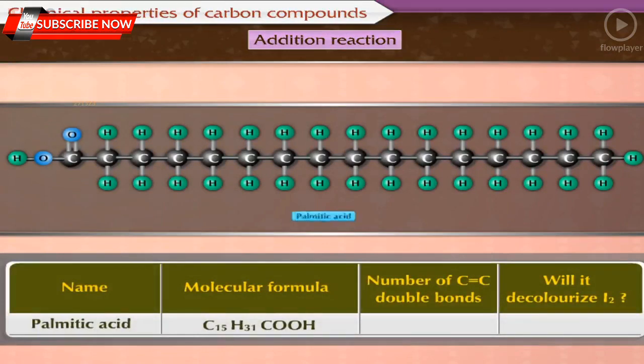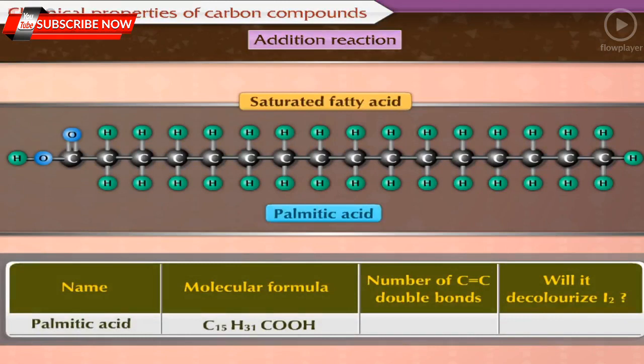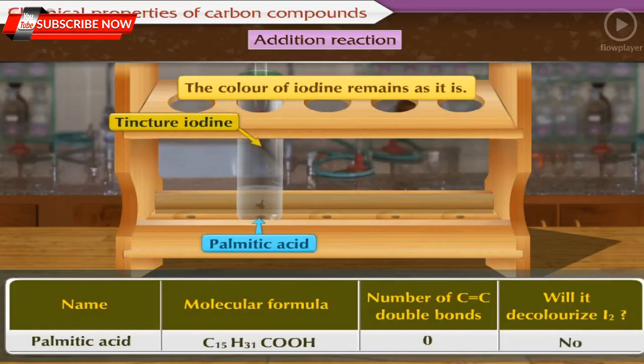The next is palmitic acid. It is a saturated fatty acid. It has molecular formula C15H31COOH. This fatty acid does not contain a carbon-carbon double bond. Therefore, the color of iodine remains as it is in this fatty acid.